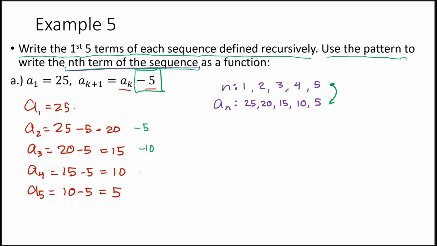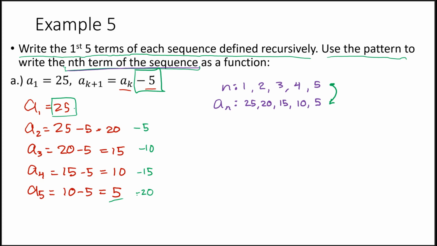And then I would have minus 5 again, so that would have been minus 15. And then maybe minus 20. And if I go from the very first one, minus 20 gives me that one. And so I see that these minus 5s are kind of piling on top of each other. That represents a linear growth or a linear decay or pattern here.